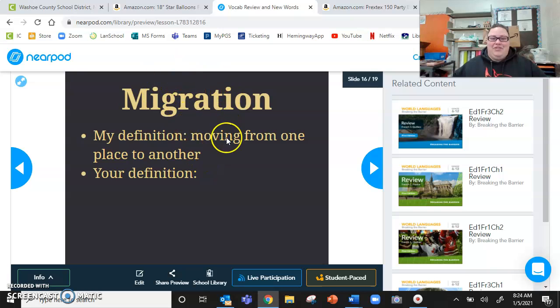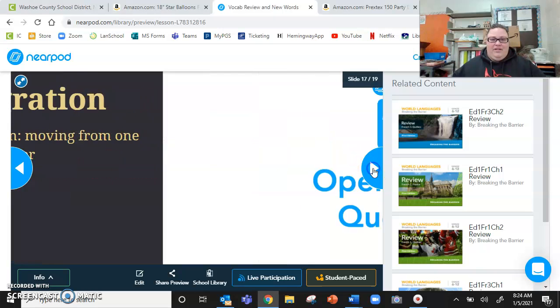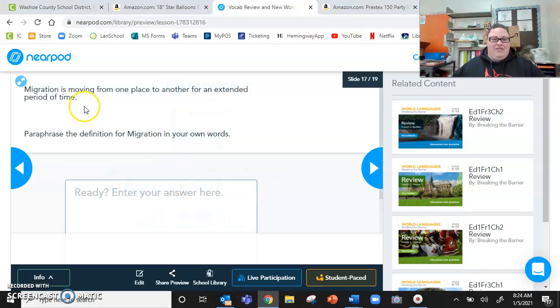And then our last new vocabulary word is migration. Migration. Moving from one place to another. And then you get to type in your definition. Migration is moving from one place to another for an extended period of time. It's not just like I migrate from home to school.